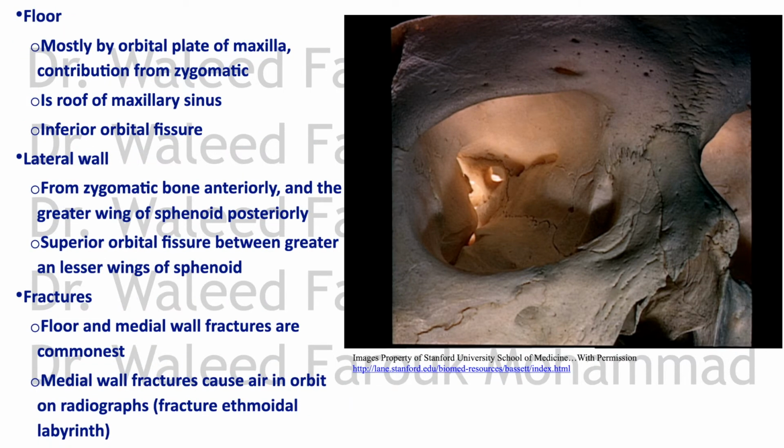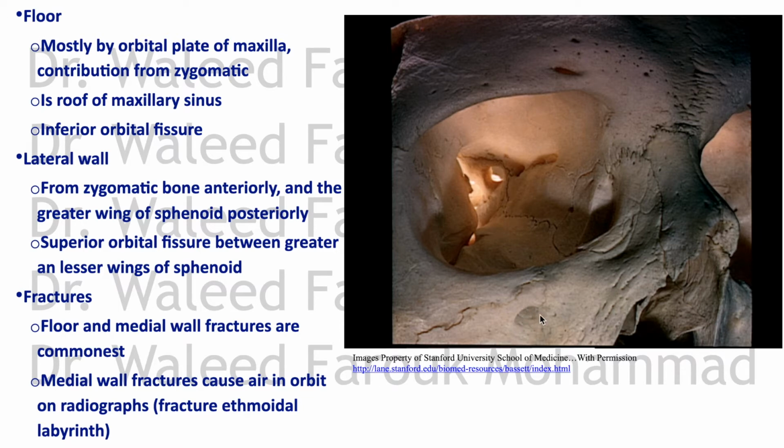What else? The floor is formed in most of it by the plate of the maxilla and a slight contribution from the zygomatic bone from the lateral side, and it has a groove. See this groove? This is the infraorbital groove for the infraorbital nerve and vessels before they sink down in a canal, the infraorbital canal, that opens to the outside through the infraorbital foramen.